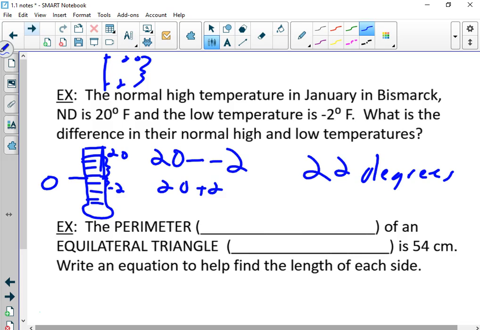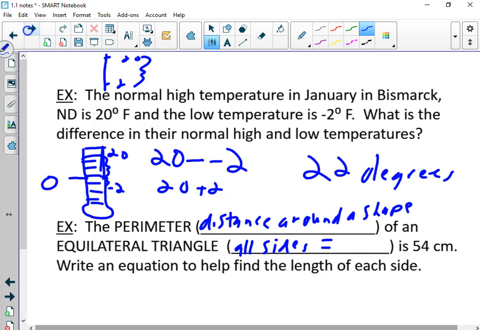Okay. The perimeter. The perimeter is the distance around a shape. The perimeter of an equilateral triangle, that means all sides equal, is 54 centimeters.